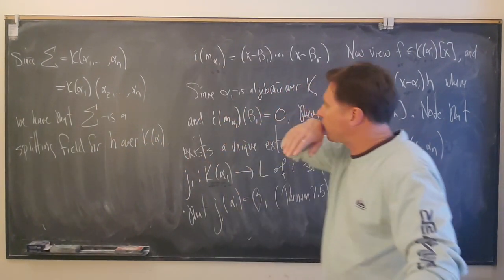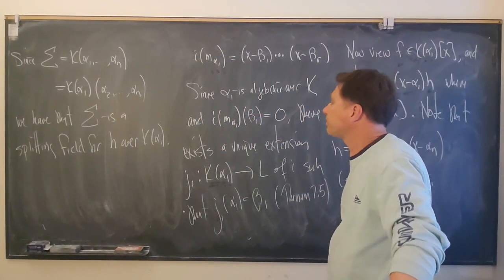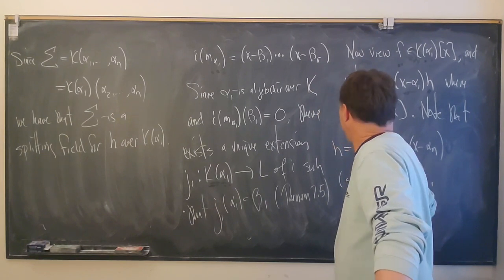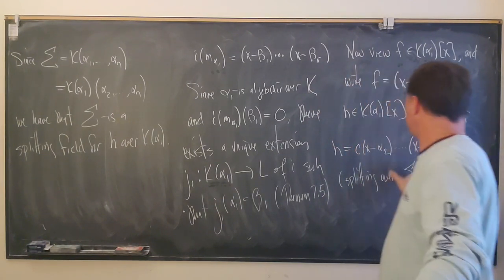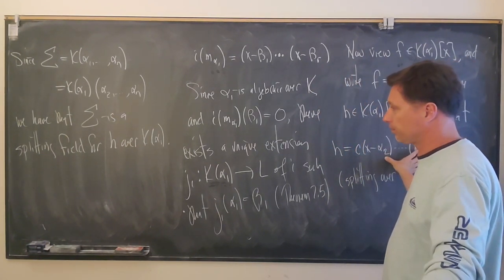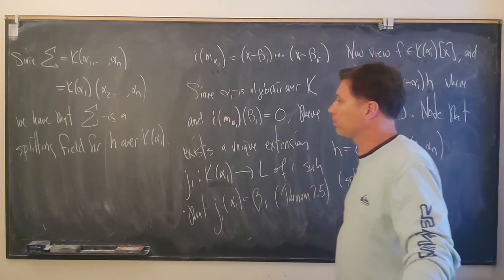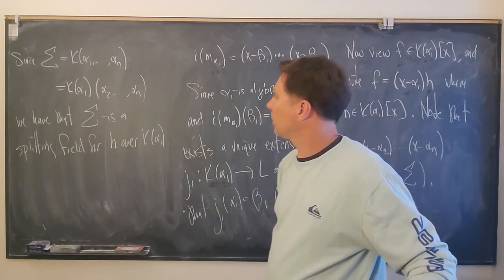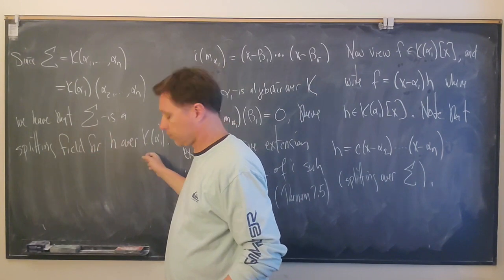Now what have we been trying to do? Remember, we're doing induction right now. What we have is a polynomial of degree n minus 1 and our splitting field here.